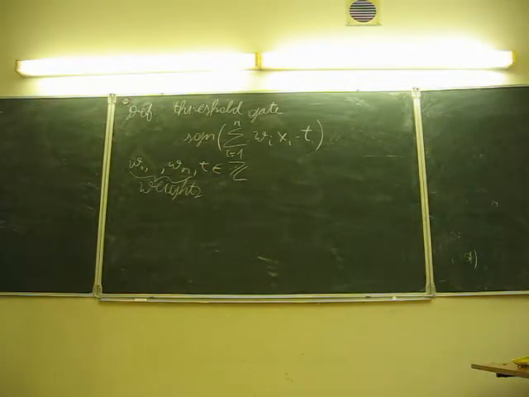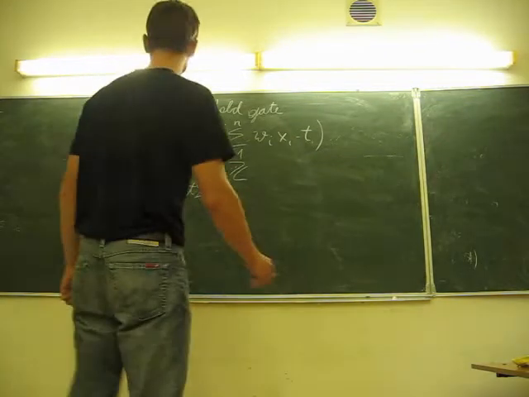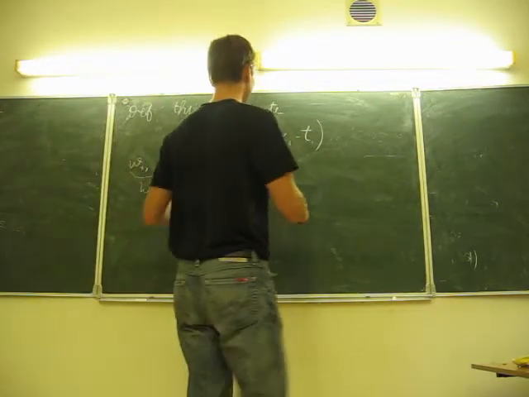One important parameter of a threshold gate is its weight. Its weight is the maximal absolute value of the W's and T.